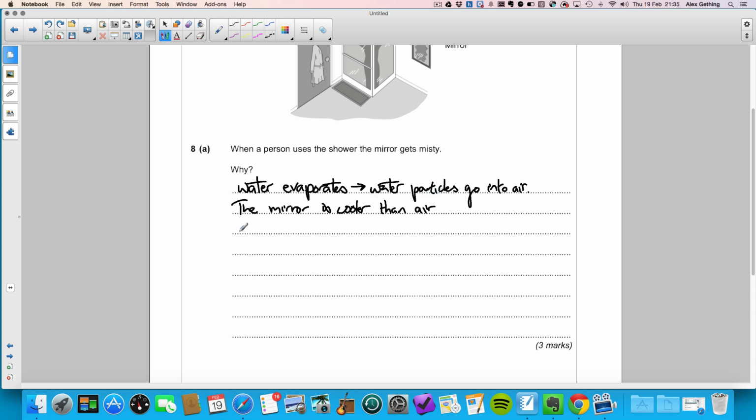Okay, water molecules that hit that mirror, water particles, use the same term, hitting the mirror, the mirror lose energy and causing condensation on the mirror. Okay.